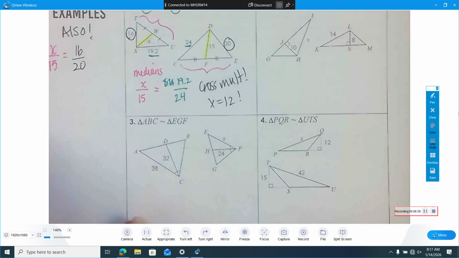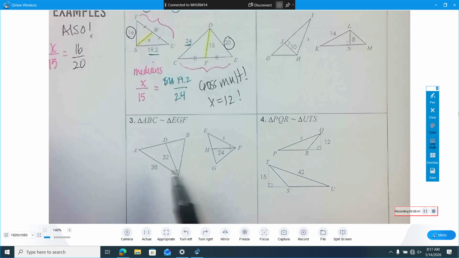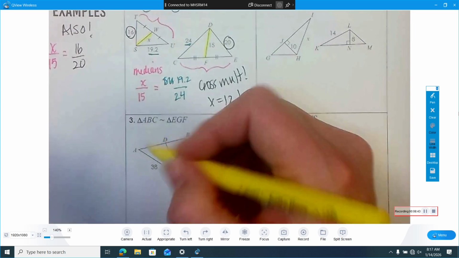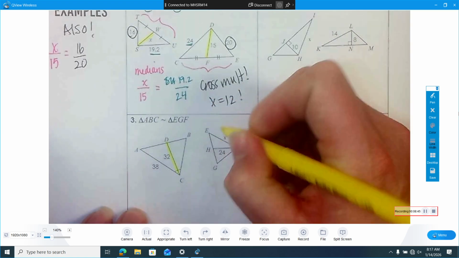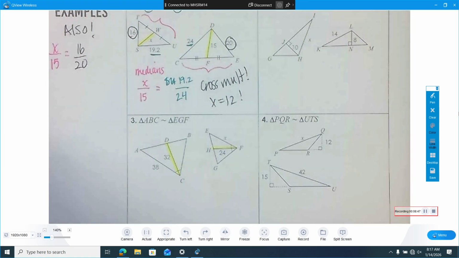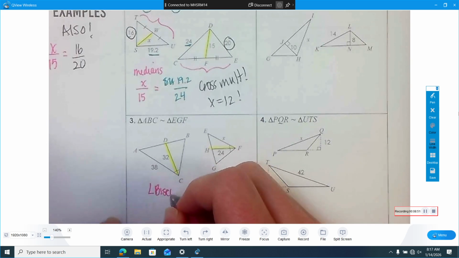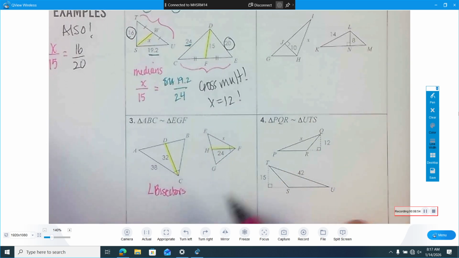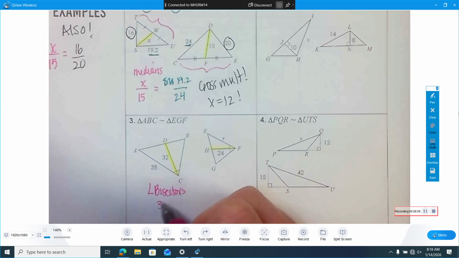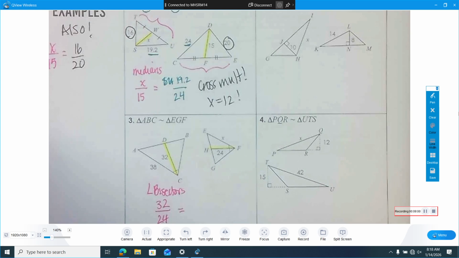Let's look at number, what kind of segment here is DC and FH? Angle bisectors, yes, these are angle bisectors. All right, so if I did DC, which is 32 over 24, what can I set those equal to?